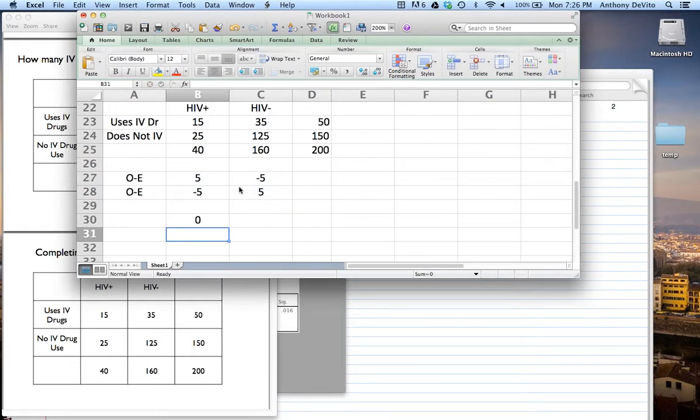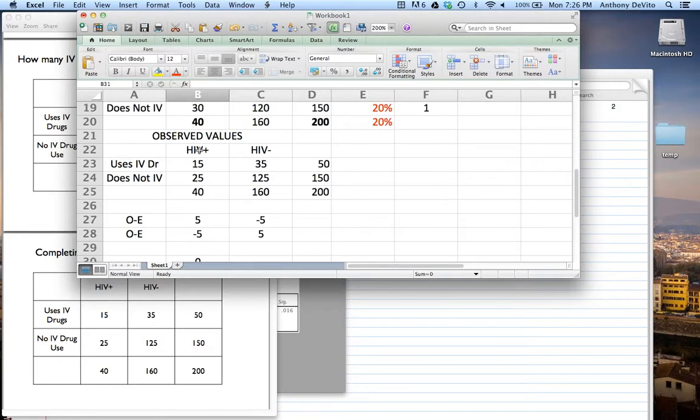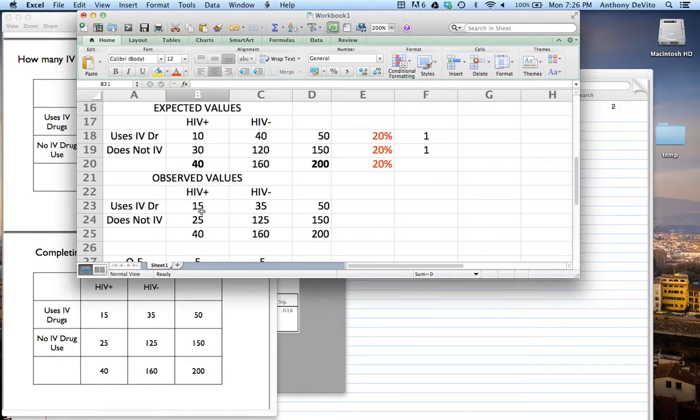Well, they turn out to be 0 also, because if we take 5 from here, when we add it all up, they're always going to add up to 0 because we're just moving the numbers around, aren't we? So I need a way to describe the magnitude of the difference between my observed values and my expected values without them turning into zeros.